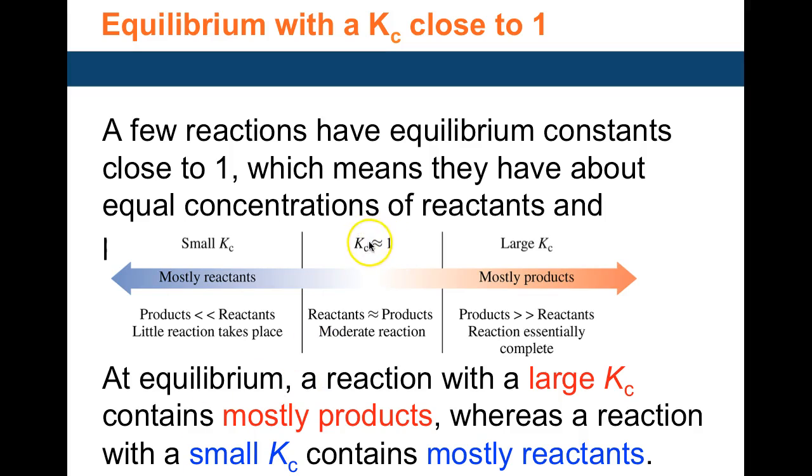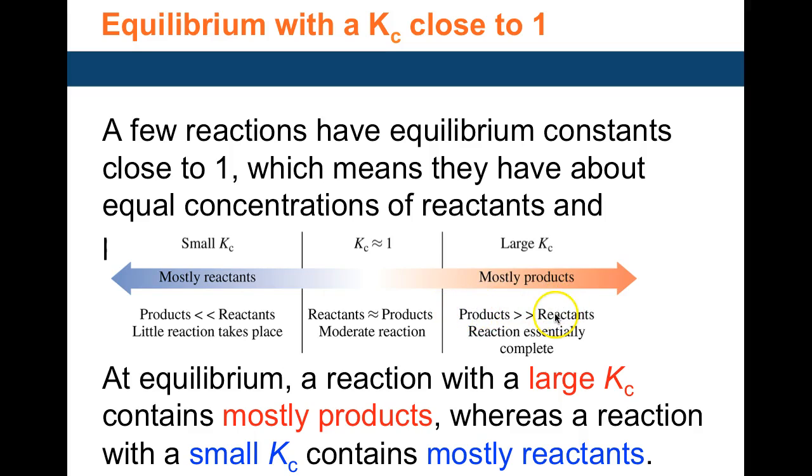So Kc almost 1 means that there's an equal amount of reactants and products in the equilibrium mixture. So the reaction is kind of a moderate reaction. It's going both ways at an equal rate. If it is very large, that means it's skewed more towards product.